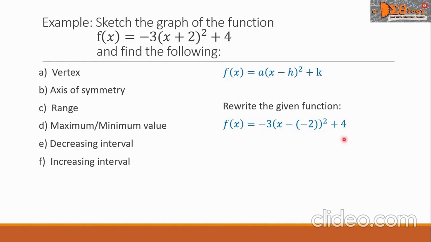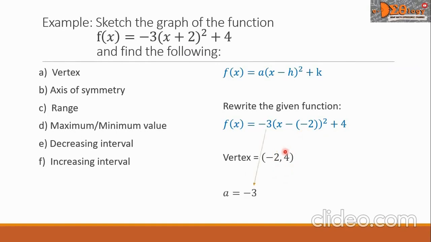And from here, we're going to collect now the vertex or the h, k values. So this negative 2 is the h and the positive 4 is the k. Therefore, the vertex has the ordered pair negative 2, 4.